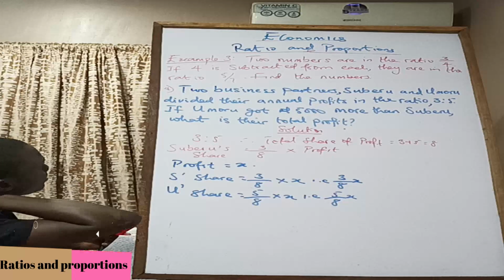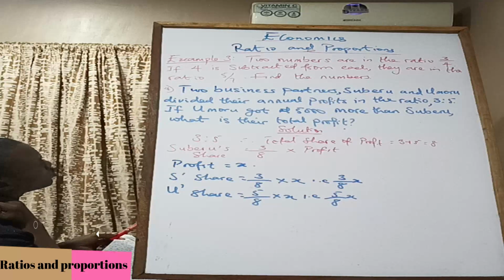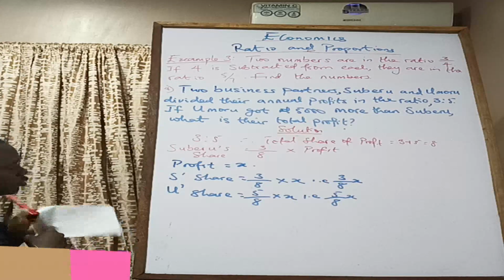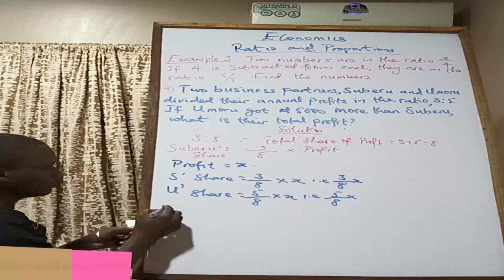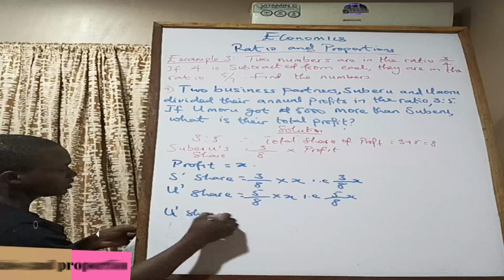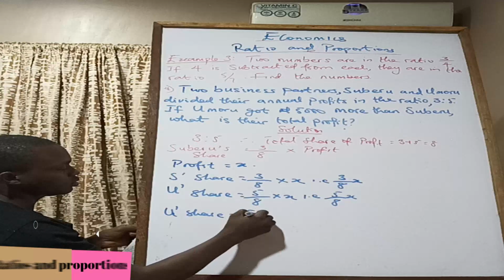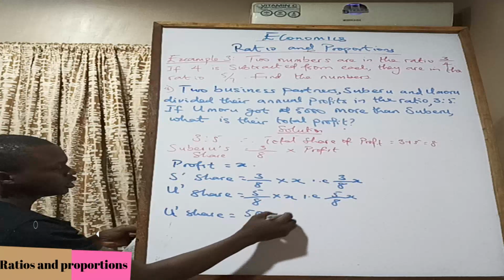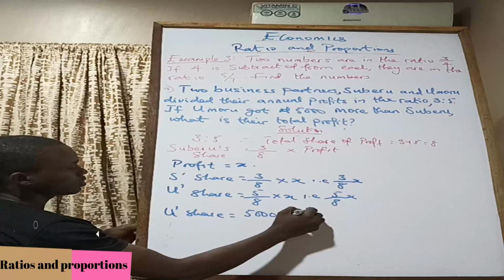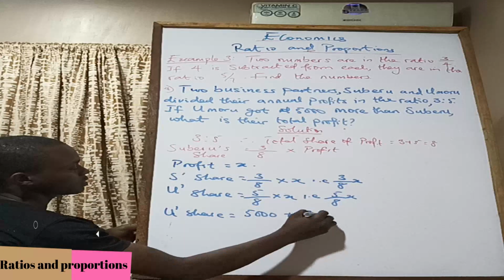But then there was an additional information that says Umaru got 5,000 more than Subaru. So what it means is that Umaru's share is 5,000 plus whatever Subaru got, which is 3/8.